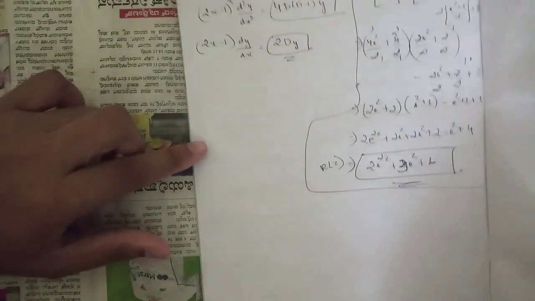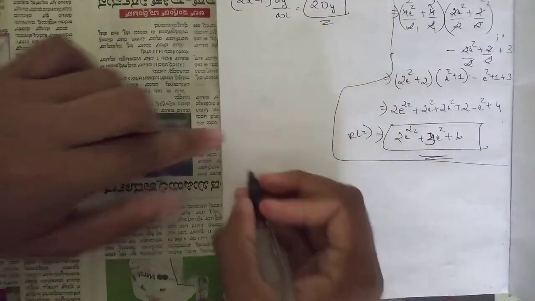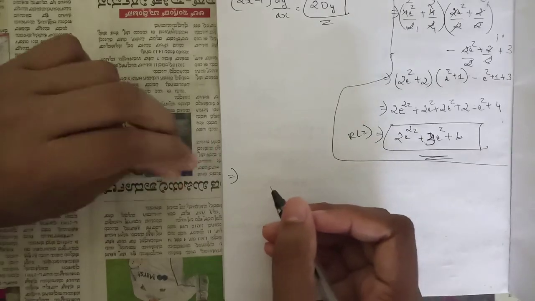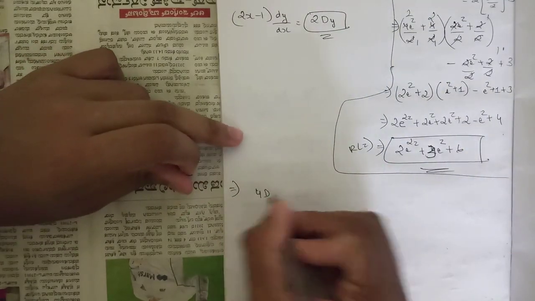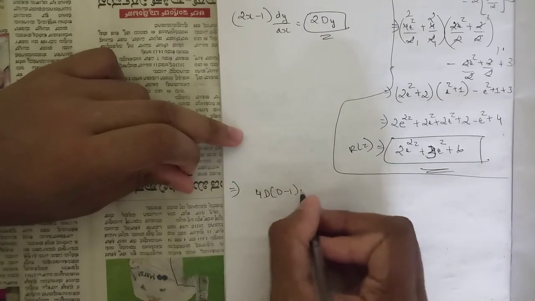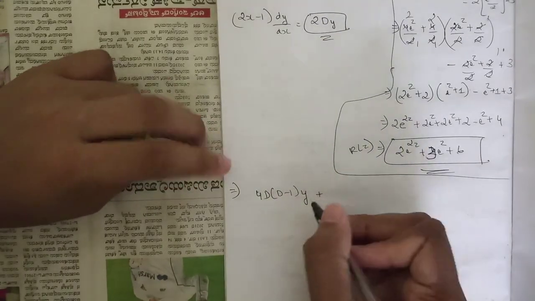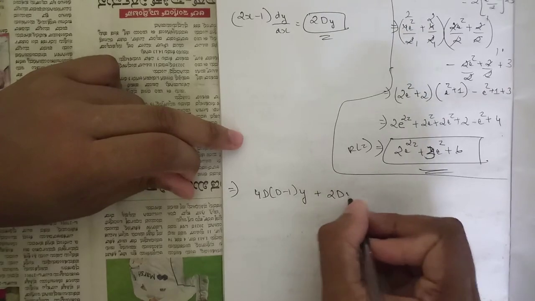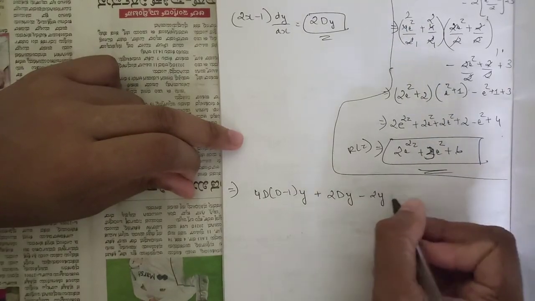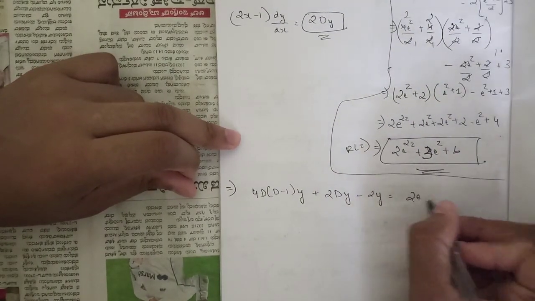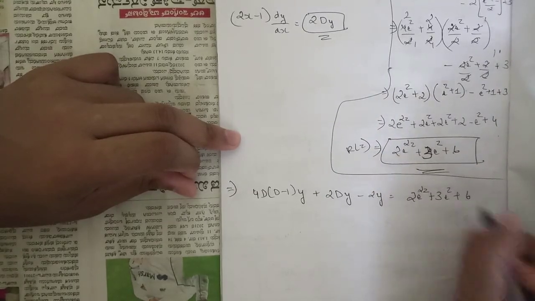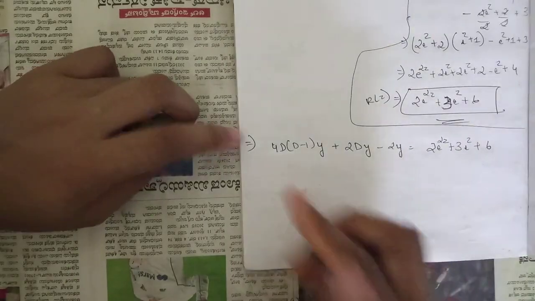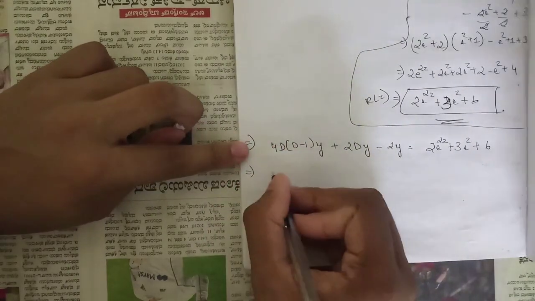Now let's write this in the given equation: (2x - 1)² d²y/dx² is replaced by 4D(D - 1)y, plus 2Dy, minus 2y, is equal to this term, 2e^2z + 3e^z + 6. Okay, now multiply 4D again.